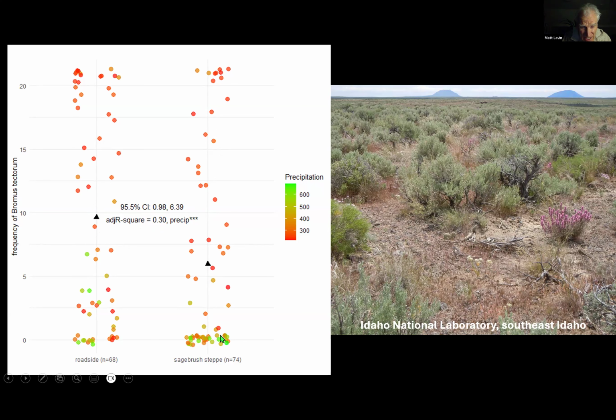There's a lot of sites in the sagebrush steppe down here that weren't sampled for cheatgrass, and these particularly come from the wetter sites. And the same is kind of true for the roadside sites, although there's greater frequency and more roadside transects.